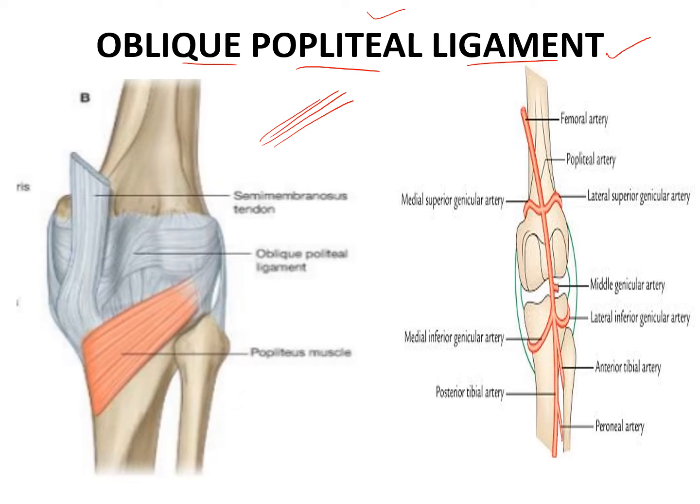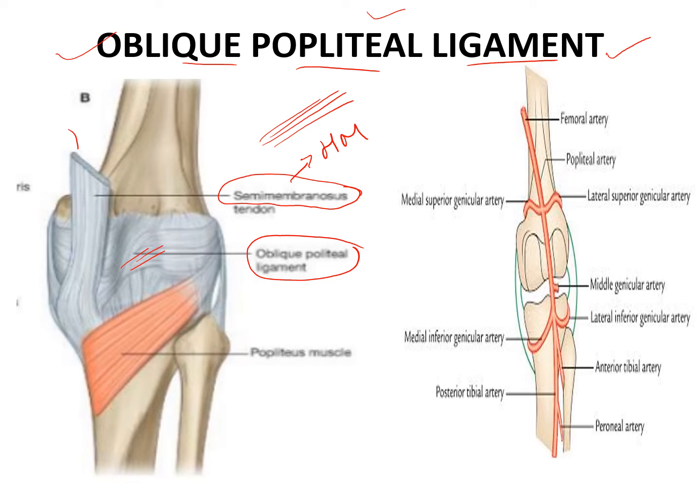That is why it is called the oblique popliteal ligament. So this is the oblique popliteal ligament, if you see here. Actually, this ligament is from a muscle called semimembranosus. You all will be knowing by now, this is a hamstring muscle.